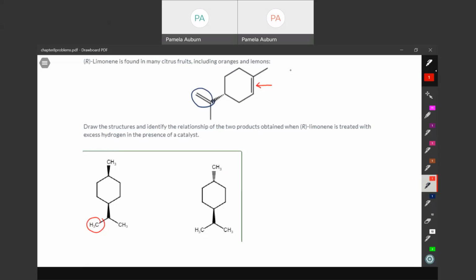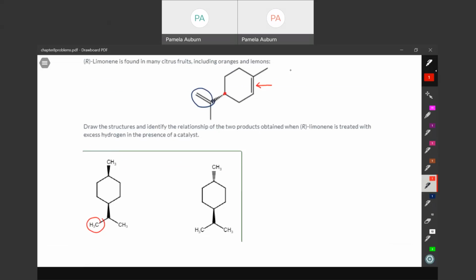So you have 2 options. Firstly, you're not affecting the stereochemistry here because there's nothing that's getting hydrogenated, but you are affecting it up here, and it will come in from one side or the other side. So the methyl group from the top could either be coming out or going in.